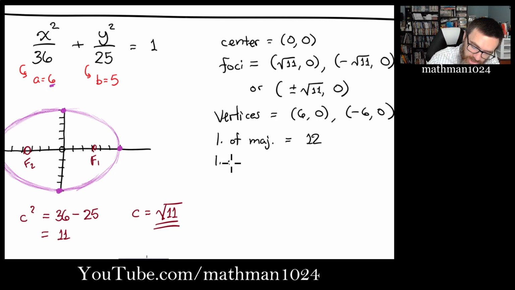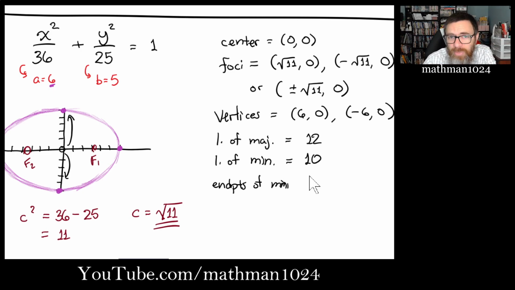And while we're here, let's talk about the length of the minor axis. And the length of the minor axis, since you're going up 5 and down 5 from here, that's a total change of 10. And then let's find the endpoints of the minor axis.